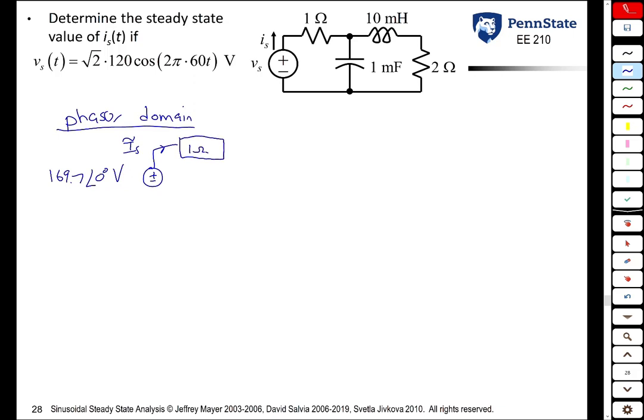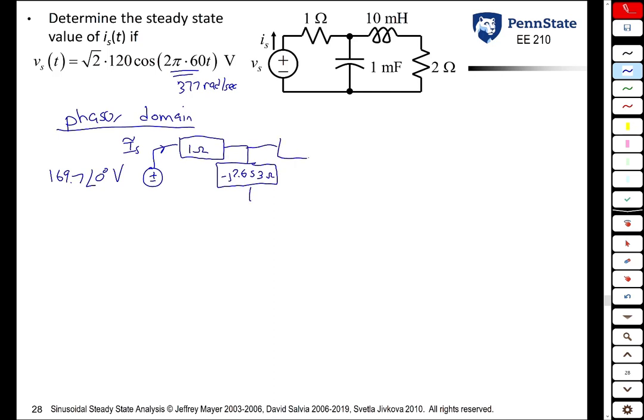Resistors, there's really nothing you need to do with. A capacitor is minus j over omega C, since omega is 2 pi times 60, that's 377 radians per second. This becomes minus j 2.653 ohms.